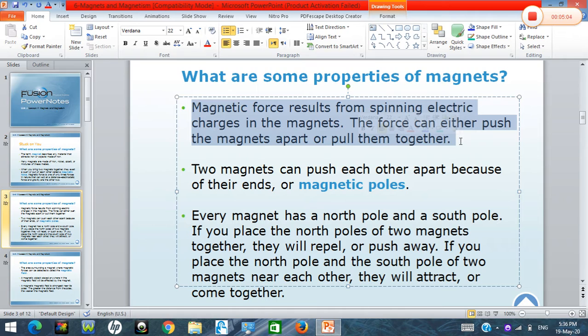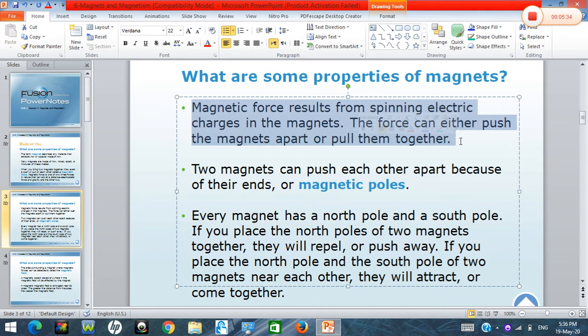Without the spinning of this electric charge, the electricity will not reach the electric lamp, so it will not light. It's similar in the magnet. The electric charges inside the magnet are spinning, which means moving.